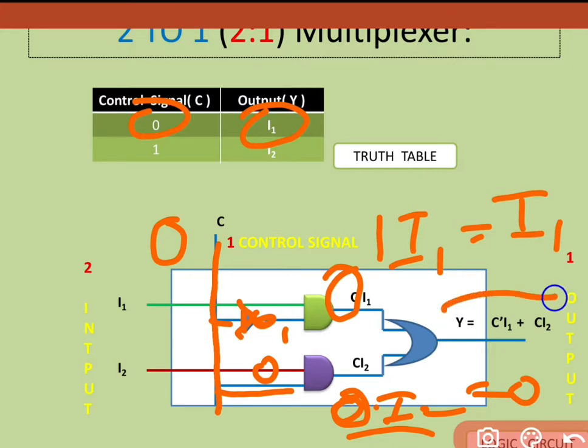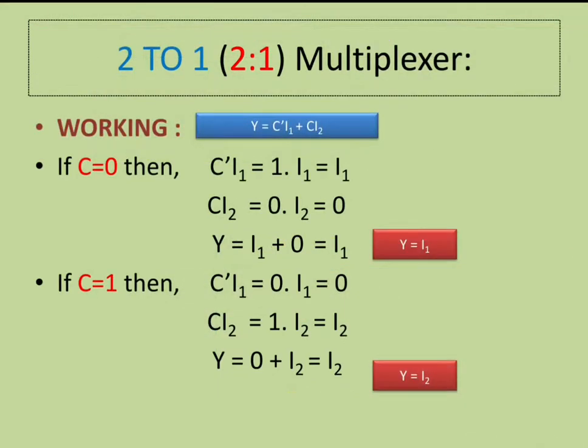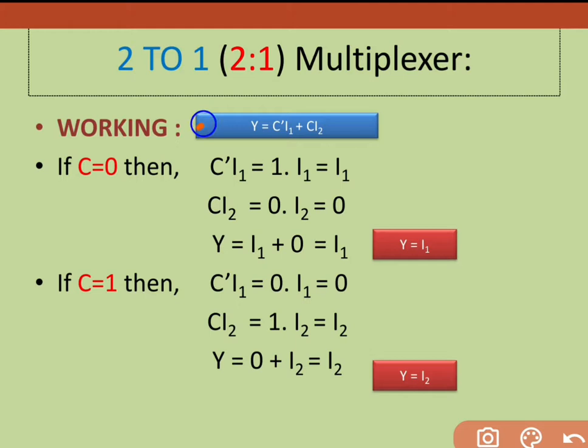That's why, when we are having 0, I1 is the output. And that's why we are having one equation, we can say one formula in front of us, and this formula provides us what output we are getting from so many inputs. The working I had provided you here is the same thing I told you earlier. We have the expression of output.